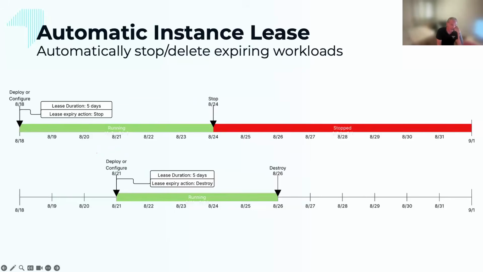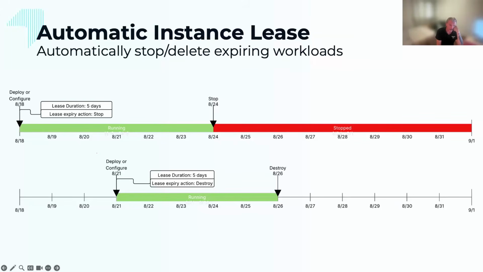Just two examples. For example, I create a new instance. At deploy time, the lease duration is 5 days and the lease expiry action is stop. After 5 days, the instance will be stopped. It will remain stopped until someone goes there and starts it again.